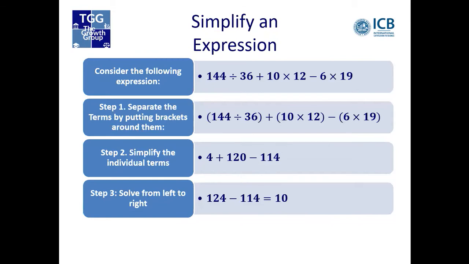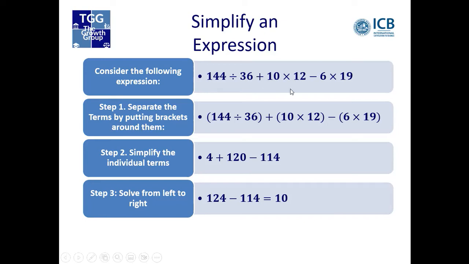So consider the following expression: 144 divided by 36 plus 10 multiplied by 12 minus 6 multiplied by 19. Let's simplify this expression. Step 1, we separate the terms by putting brackets around them. We look for plus and minus signs.